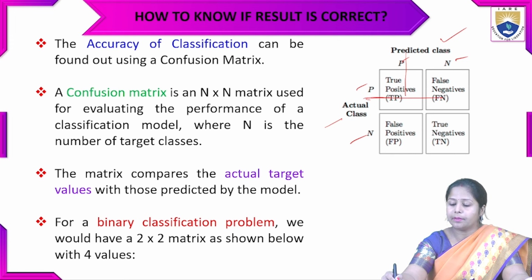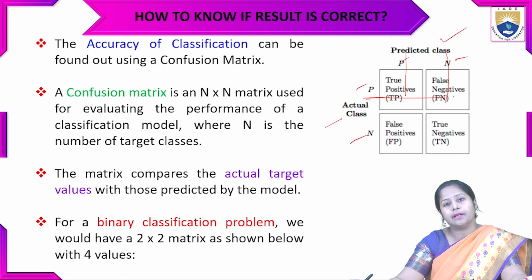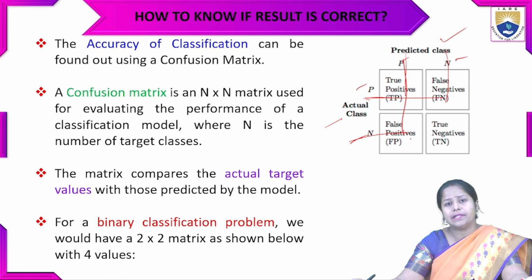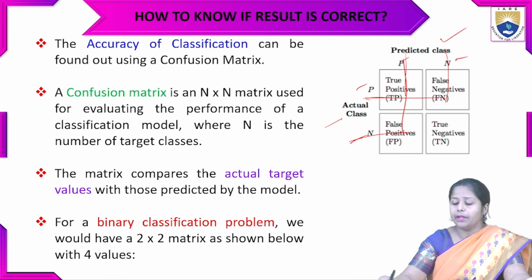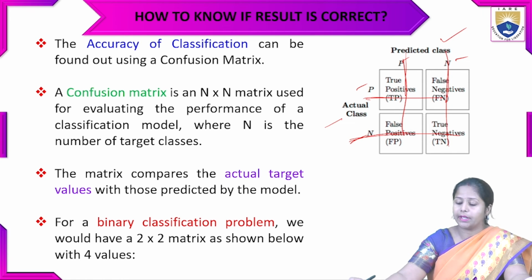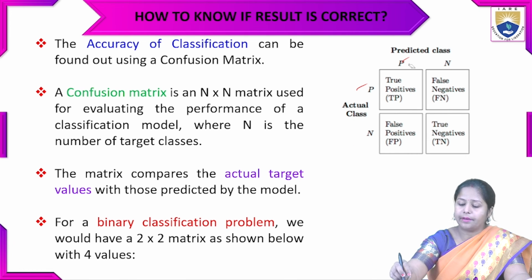Actual class P and predicted class negative is a false negative. Actual class negative and predicted class positive is a false positive, FP. Actual class negative and predicted class negative is a true negative, TN.